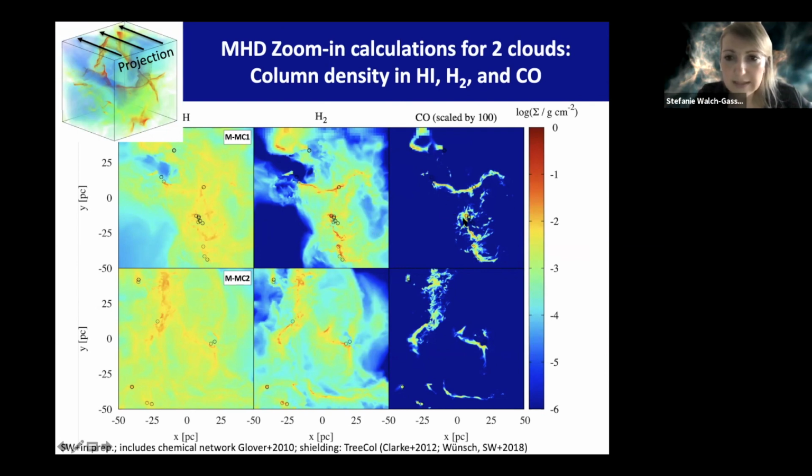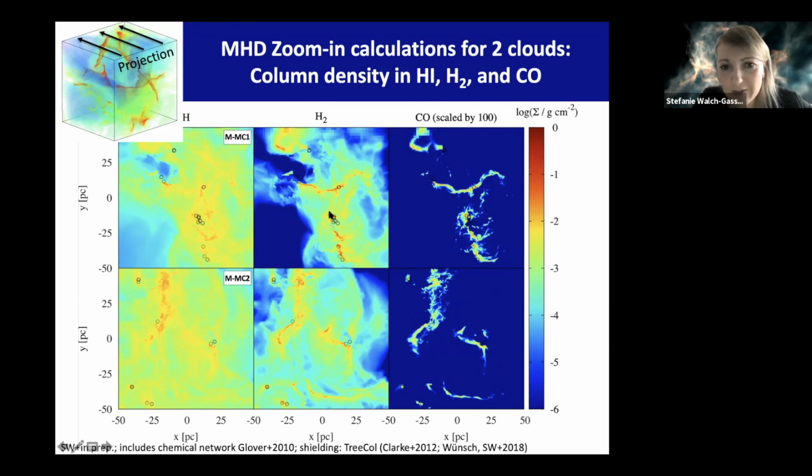Here you can see the structure in CO. This is scaled by a factor of 100 in order to be able to use the same color bar. What you can see immediately is that what an observer would find from this cloud looks rather filamentary, and there are different filaments which seem to be not connected.